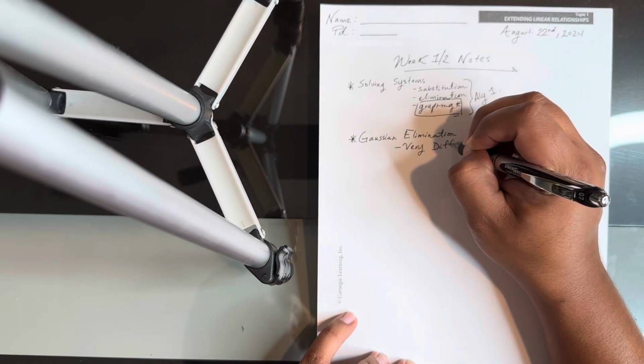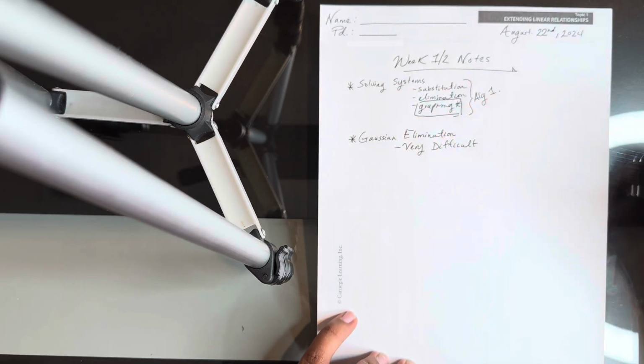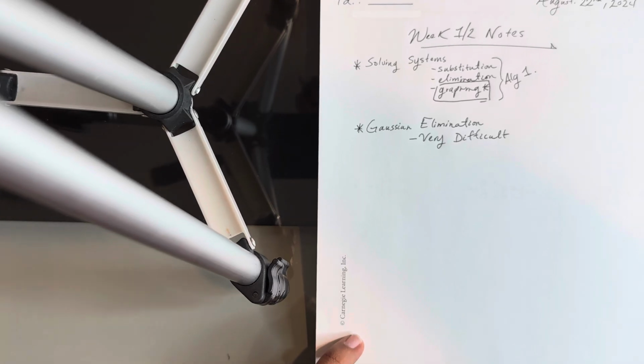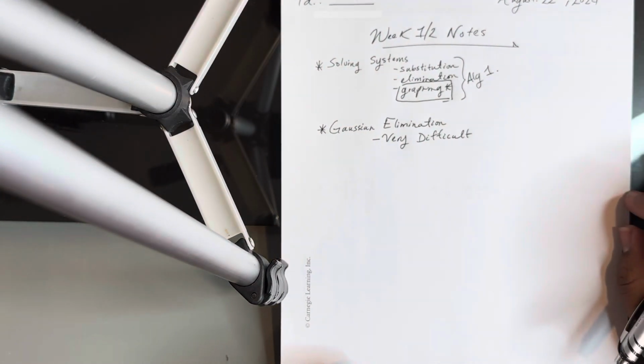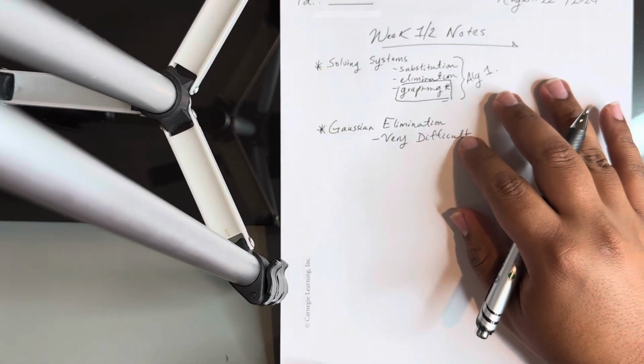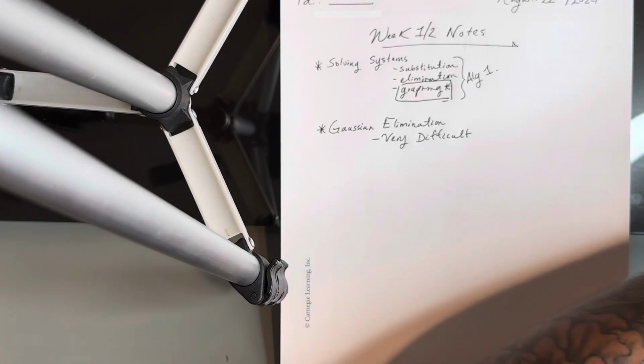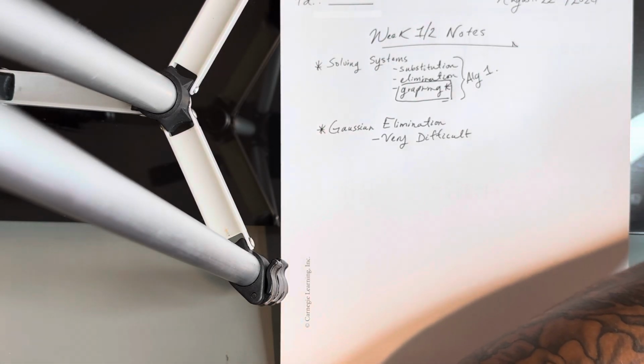So please do some research, find videos that could help you understand the Gaussian elimination a little bit better. Today we'll cover some calculator tricks to make it easier, but still you want to learn the Gaussian elimination on your own time.